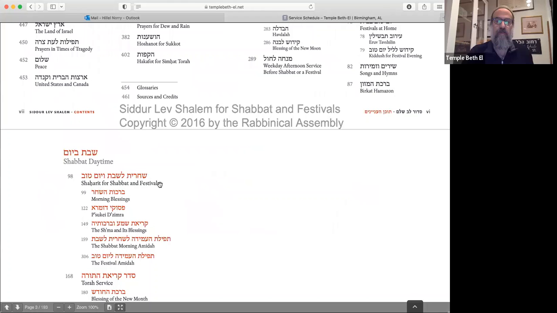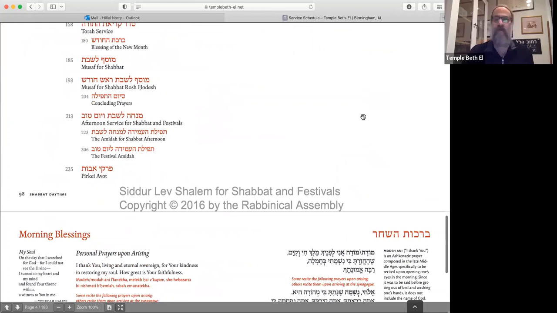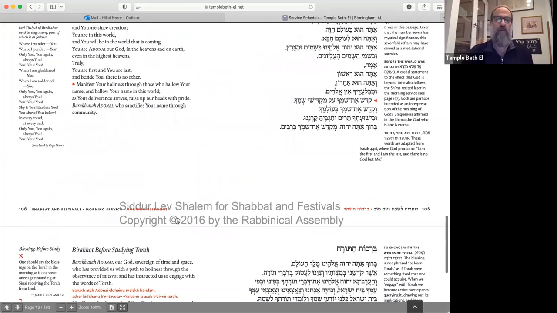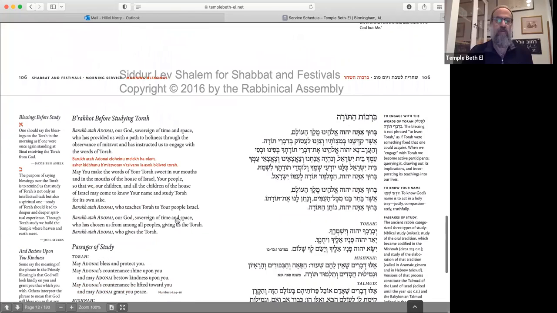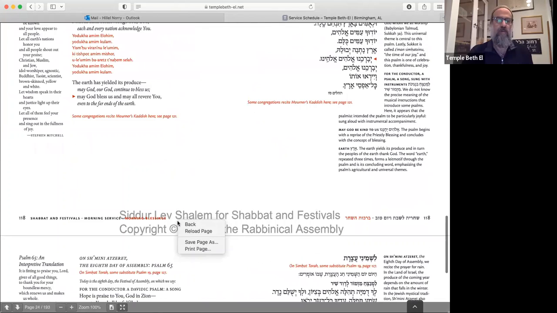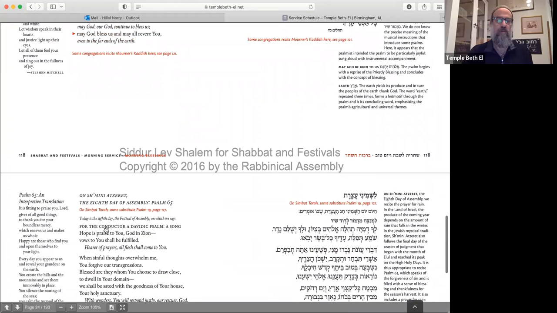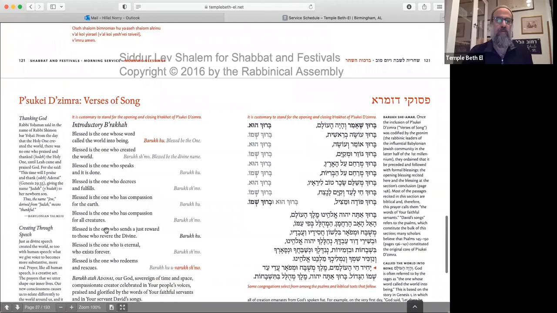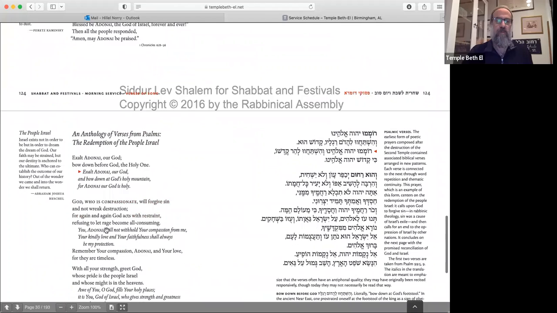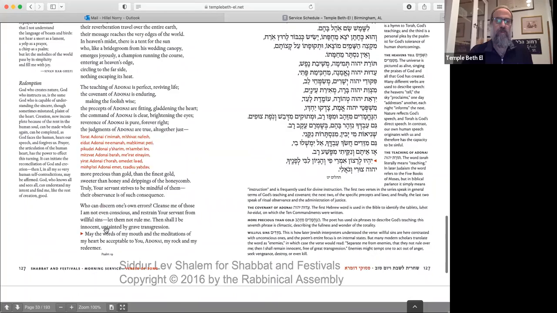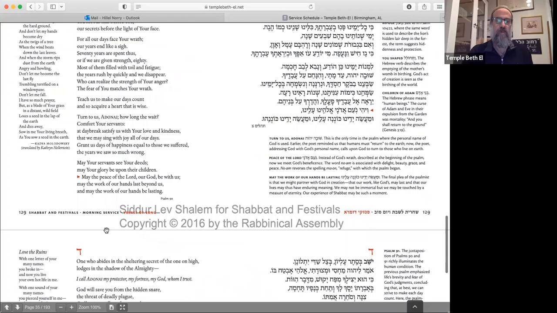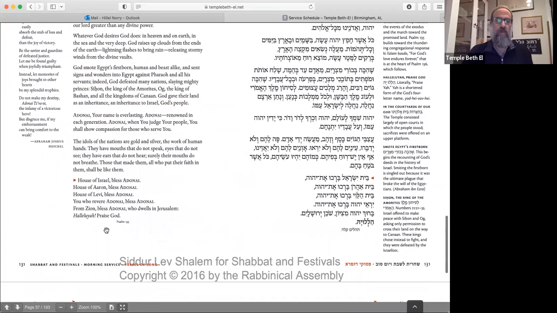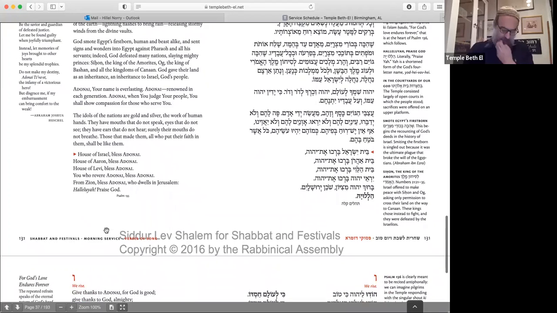So I'm on page 155. So another way to think of the Shema is the Shema and the first paragraph, the Shema and the Ve'ahavta. And then we can also think of it as all 3 of the paragraphs, Ve'ahavta, V'haya im shamoa, and Vayomer Adonai, all 3 of those paragraphs on pages 155 and 156.